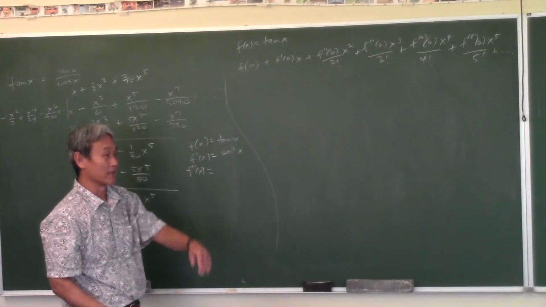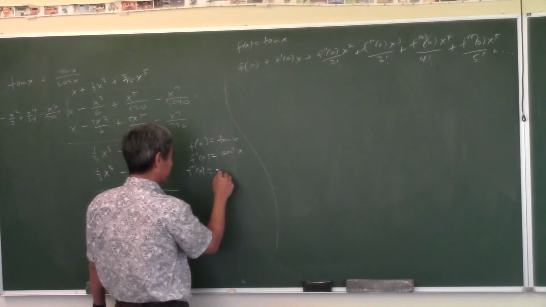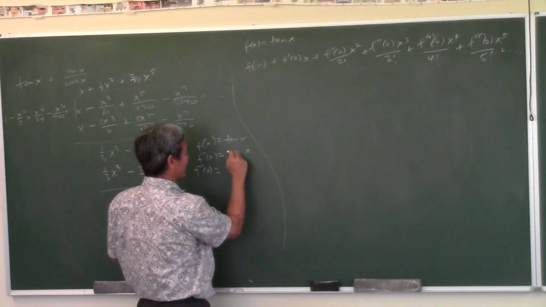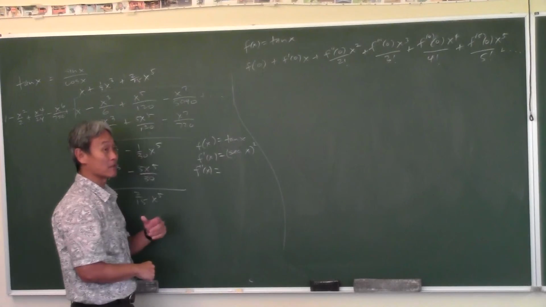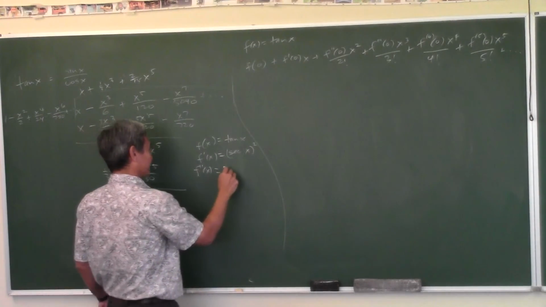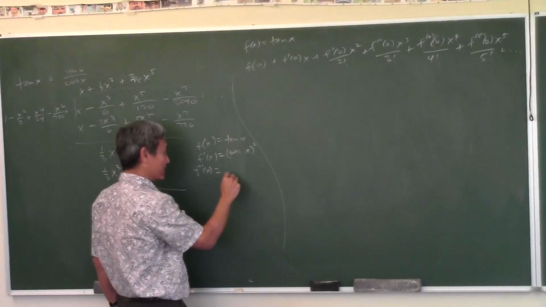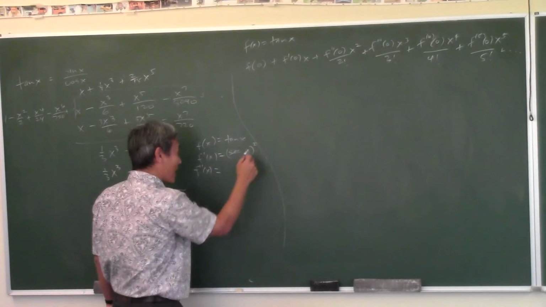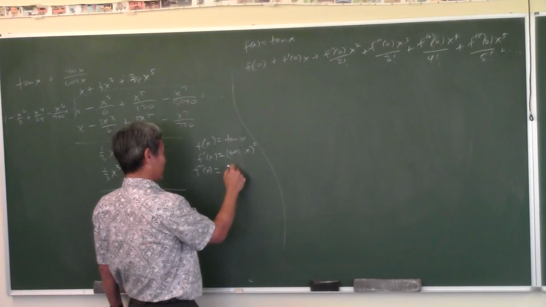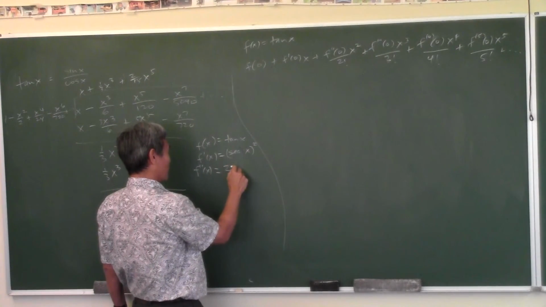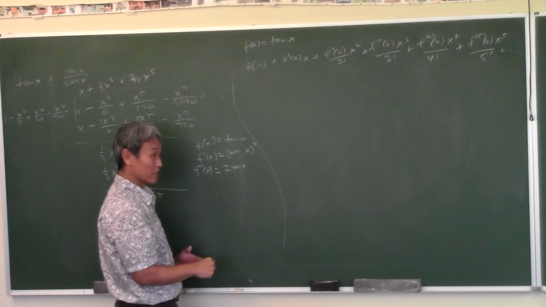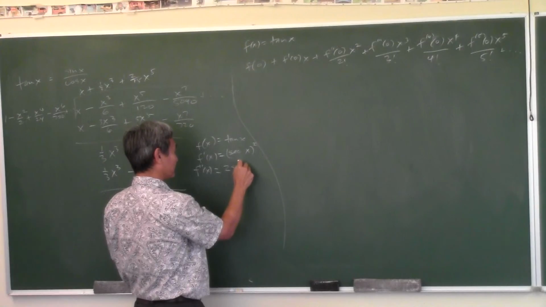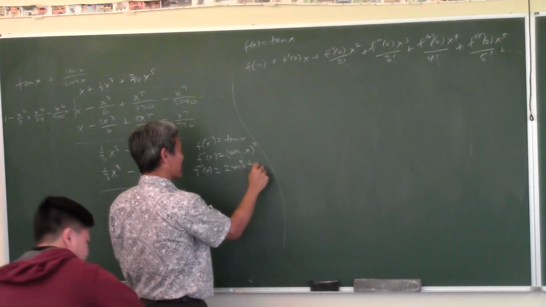Remember I told you when you have trig functions, think of it like box squared. 2 box to the first times the derivative of box. So that's gonna be like this then.